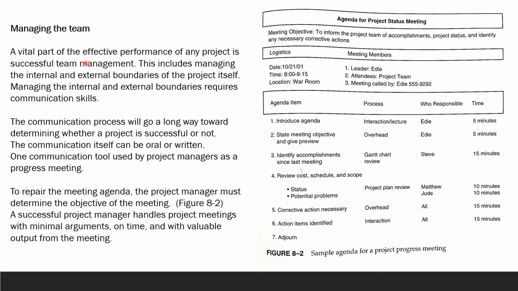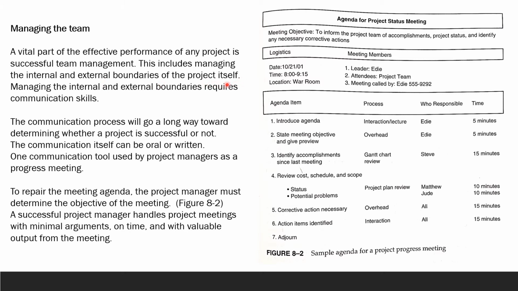Anyway, a vital part of your effective performance of any project is successful team management. You have to master this. So start practicing during your 4 years of university. Build that team management. So this includes managing the internal and then your external boundaries.